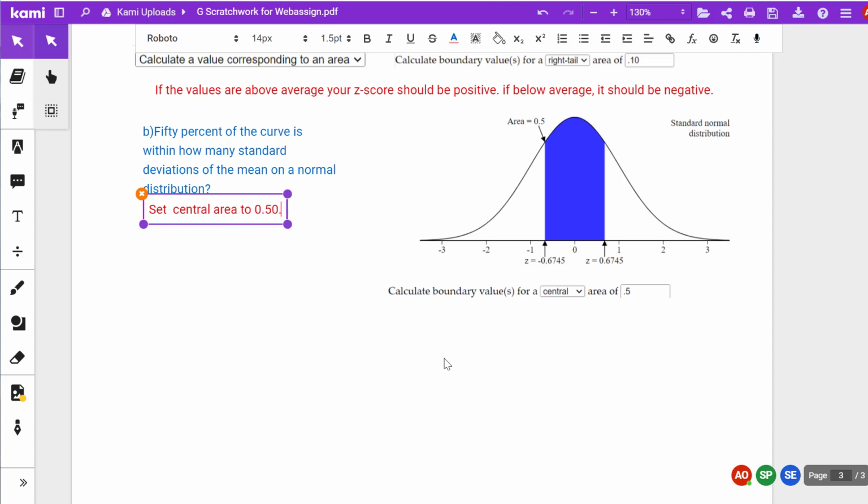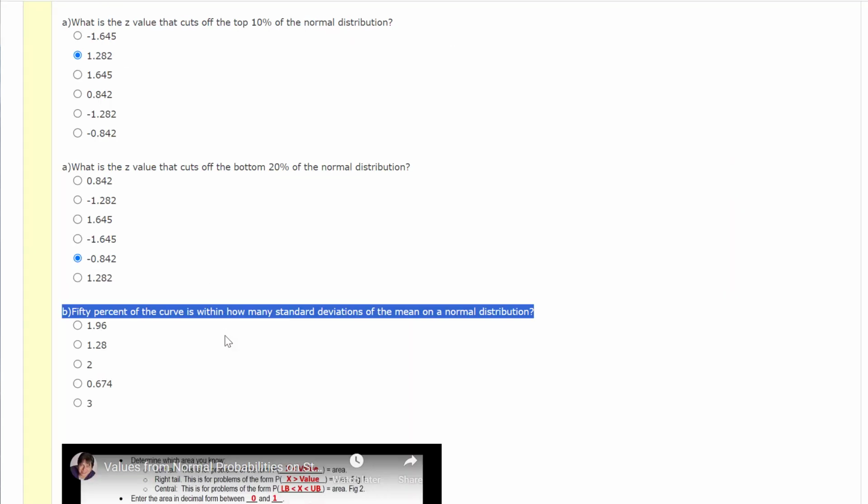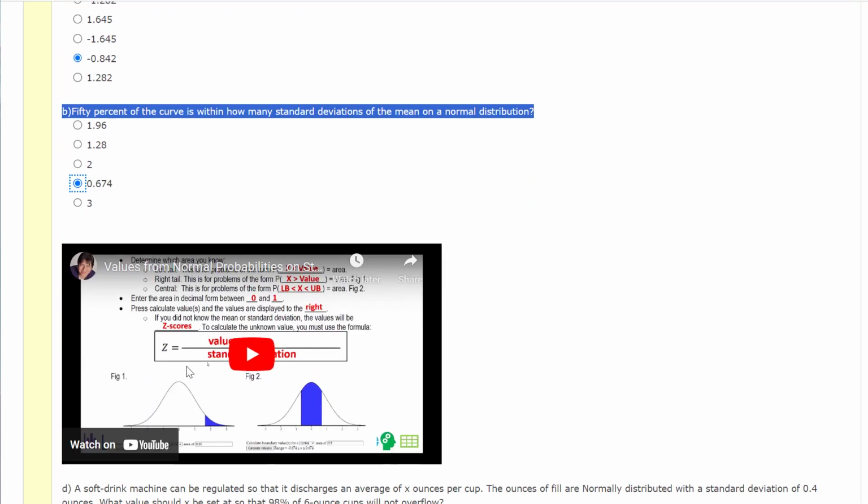And then use the positive Z because there are two Z answers, two Z boundaries. So just use the positive one, which is 0.6745. And we'll go and check that. And there it is. Okay.